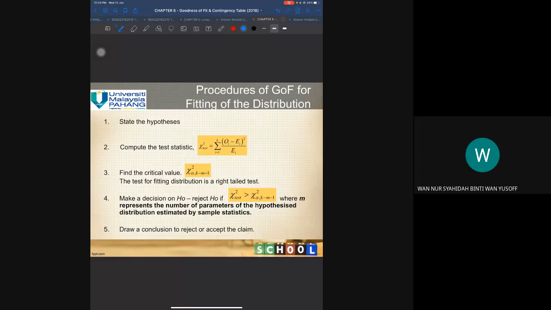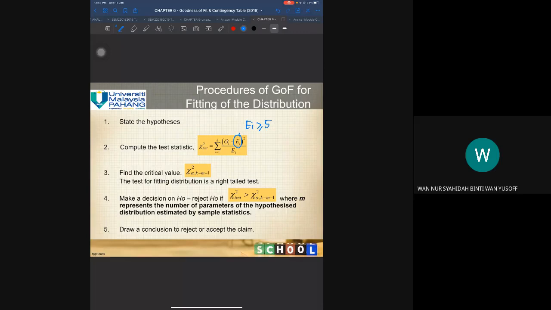Basically, you have similar steps as the categorical data, a similar procedure. You have to state the hypothesis, compute the test statistic, and how to calculate the chi-square is also similar. Check the E, also similar: E here must also be greater than or equal to 5.